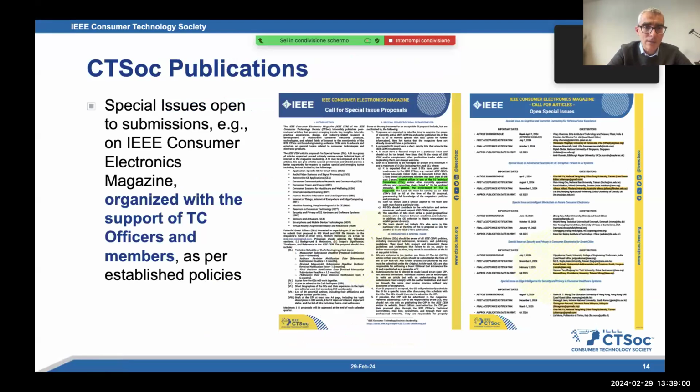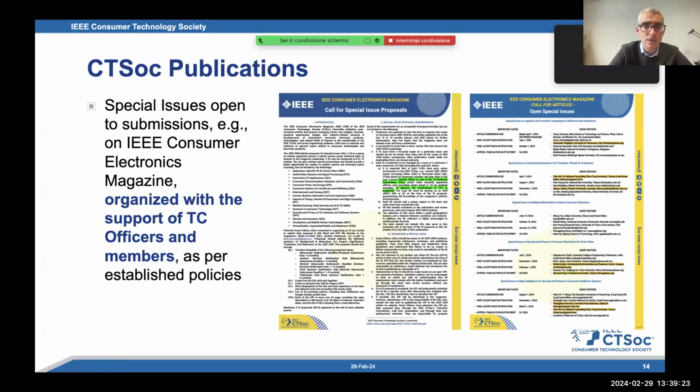Yesterday, we had the TC board meeting, and our editor-in-chief of Consumer Electronics Magazine reminded us that in order to present or propose a special issue on Consumer Electronics Magazine, there is a policy that says there needs to be a contribution of the technical committees.